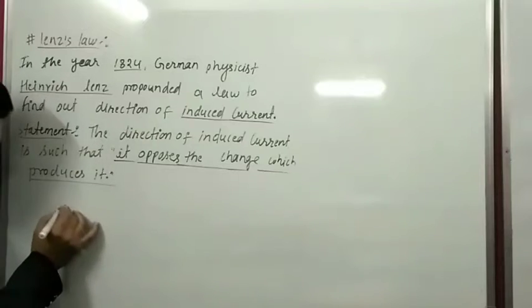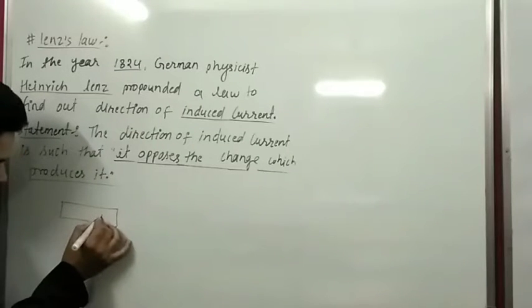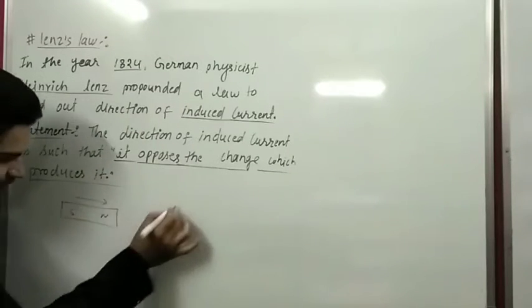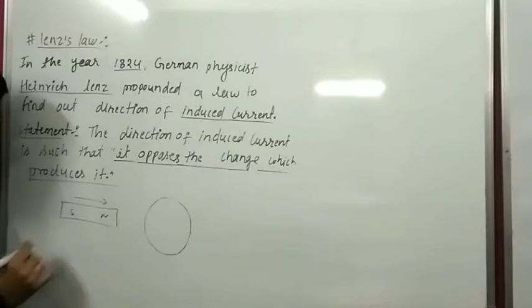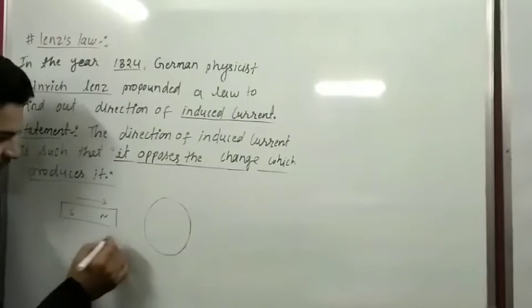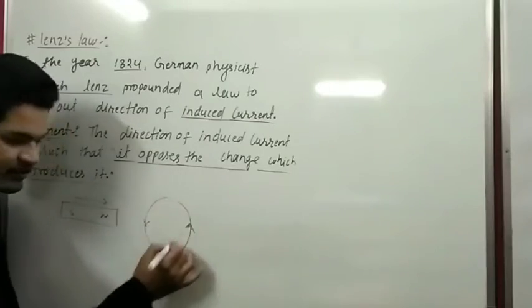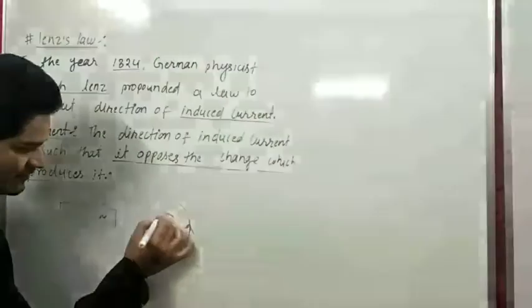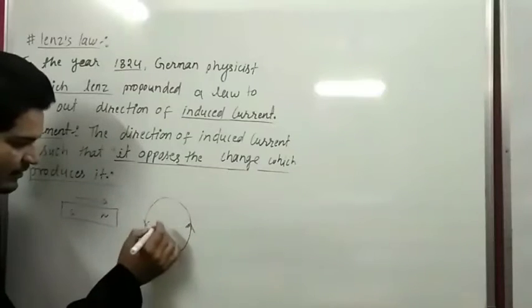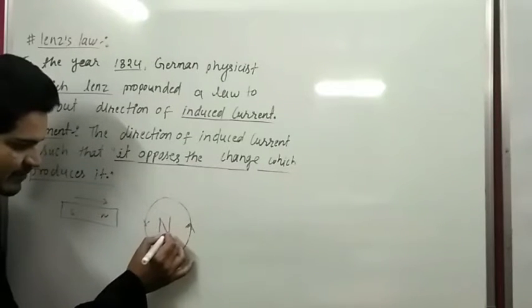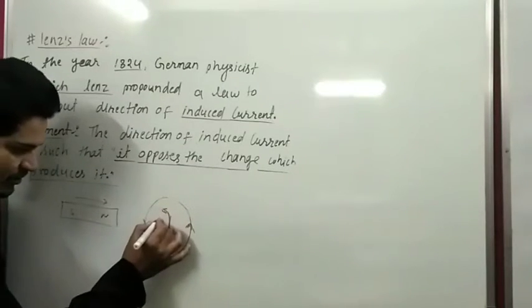It means when the north pole of the magnet moves toward the coil, this is our coil, then the direction of current is such that this is the direction of current, anti-clockwise. It means it behaves like a north pole. We can remember, this is our north pole.